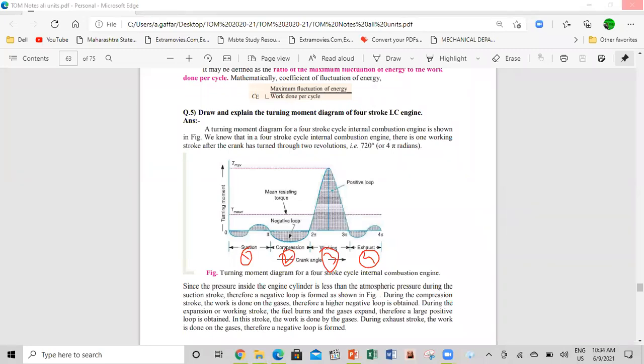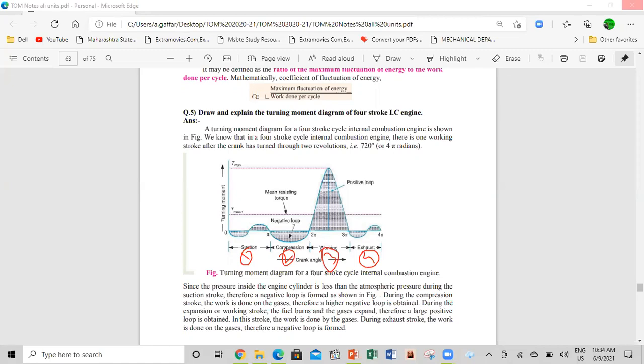So the energy is required to perform the remaining three strokes, because in these three strokes the engine requires external energy. Okay, so this energy is provided by the flywheel to the crankshaft. So this is the main function.